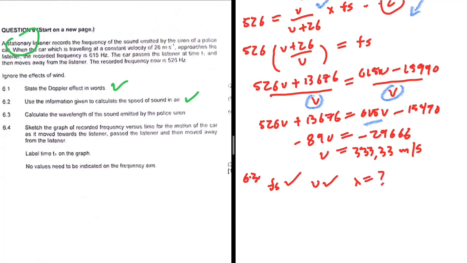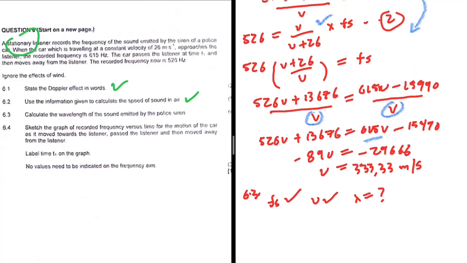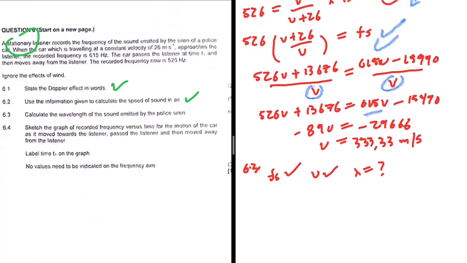Fs, we can calculate it, but at this point we don't have it. So how are we going to calculate Fs? We have this equation here, so we're going to use that equation to calculate Fs. So Fs is equal to 526 multiplied by (333.33 plus 26) divided by 333.33.